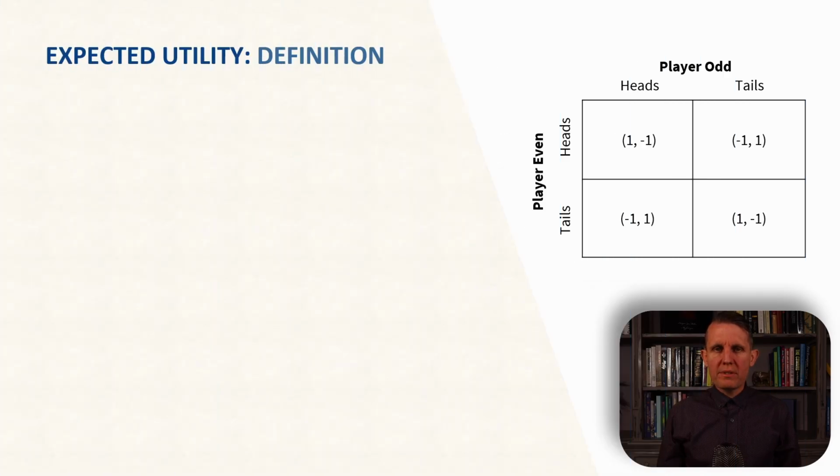A key concept in solving these types of games is the concept of expected utility. Expected utility is the weighted average that we receive by playing a particular pure strategy. Formally, we define the expected utility U for player i, of playing an action a as follows.